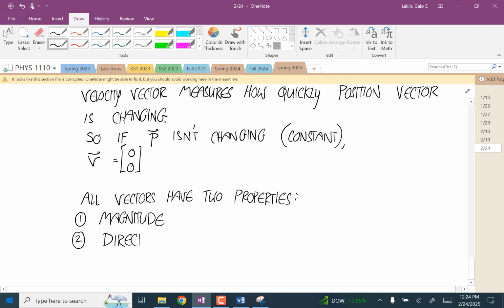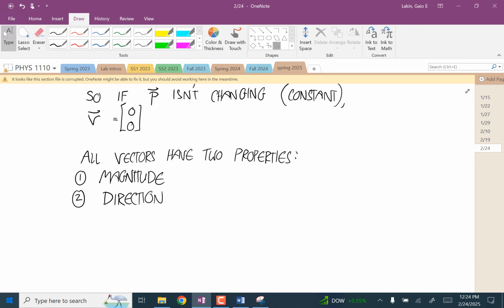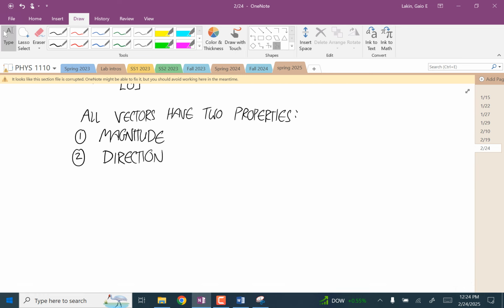And for the position vector, that didn't end up being a super useful way to think about it, even though a position vector also has those two properties like every vector does. But for velocity, it's really useful to break it up into these two.